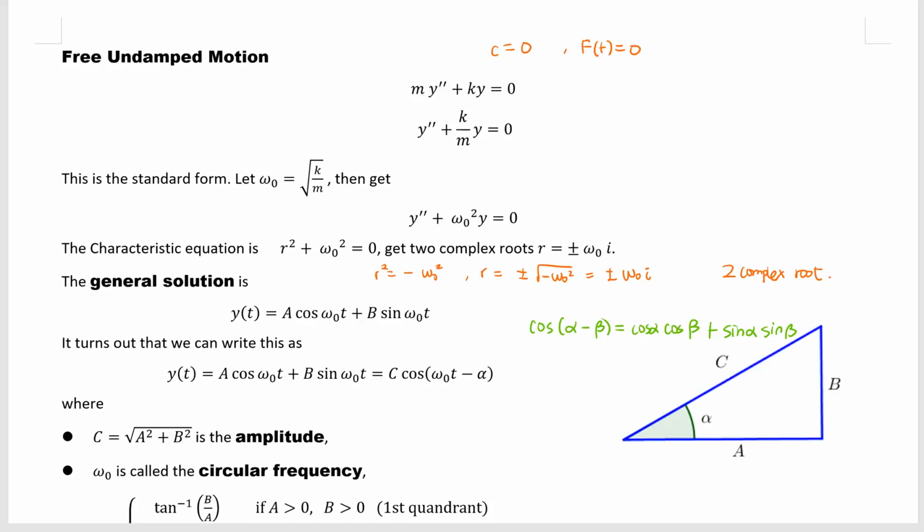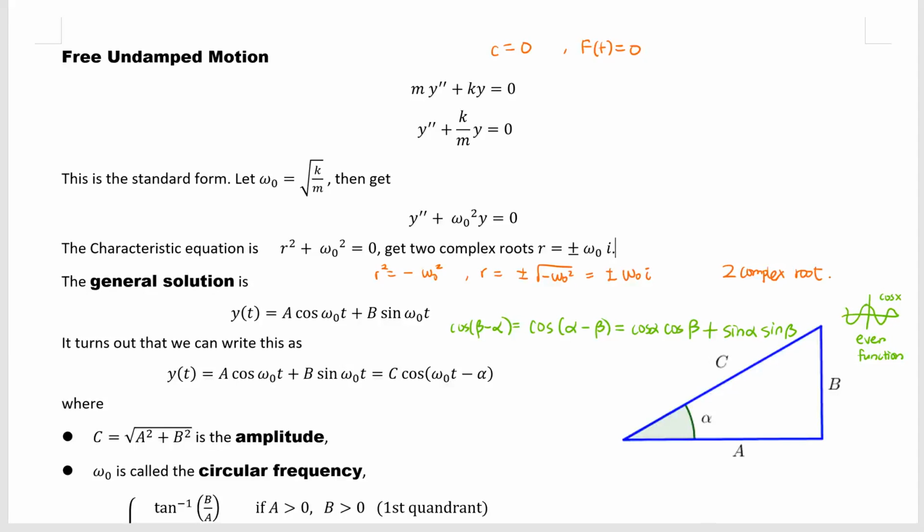So far so good, everybody? By the way, cosine of alpha minus beta is the same as cosine of beta minus alpha. Because cosine is symmetric about the y-axis, cosine of minus x is the same as cosine x. It's an even function.